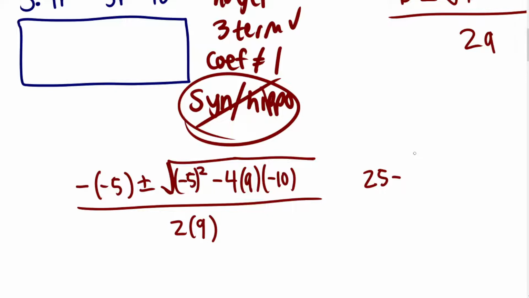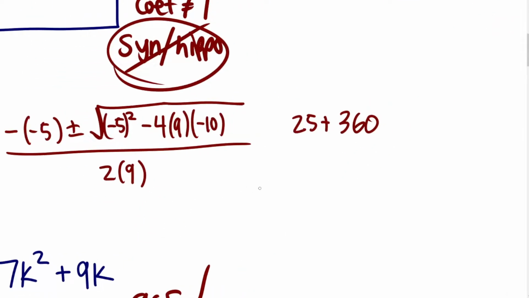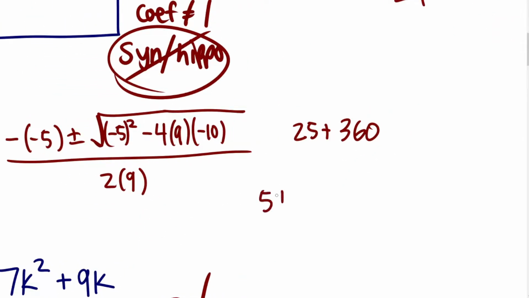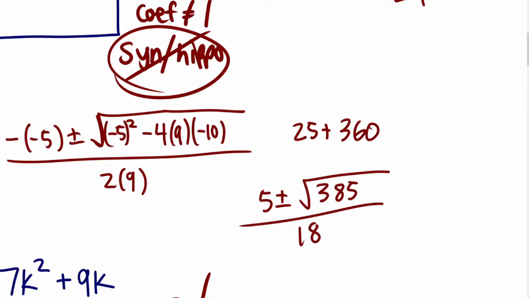Negative 4 times 9 times negative 10 gives you 360. And in this case, it's going to be adding because we have a negative times a negative. And that will give you, to rewrite our equation, a positive 5 because it's a double negative, plus or minus the square root of 385 divided by 18.